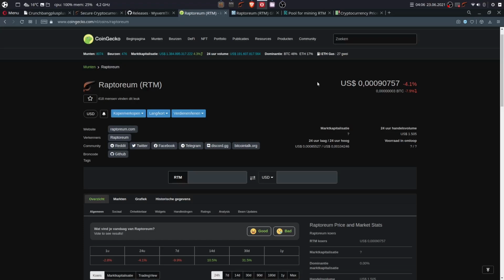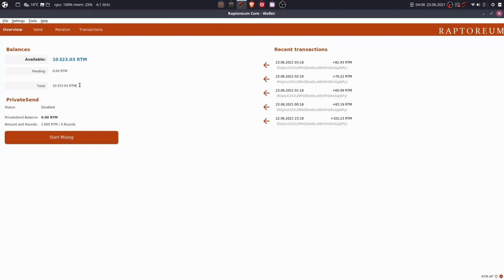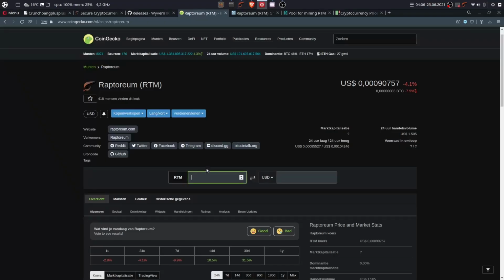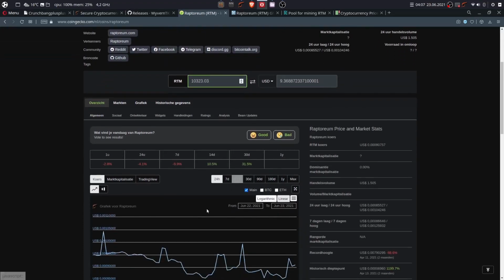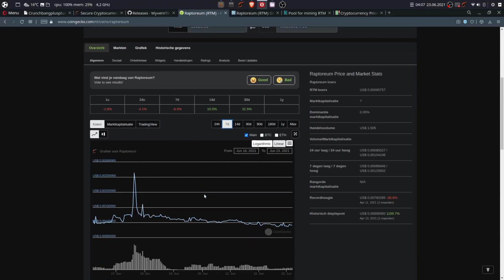Okay, let's take a look how much did we make in 1 week in terms of US dollar. It is 9.3647, let's say. Also, let's take a look at price changes in recent week.